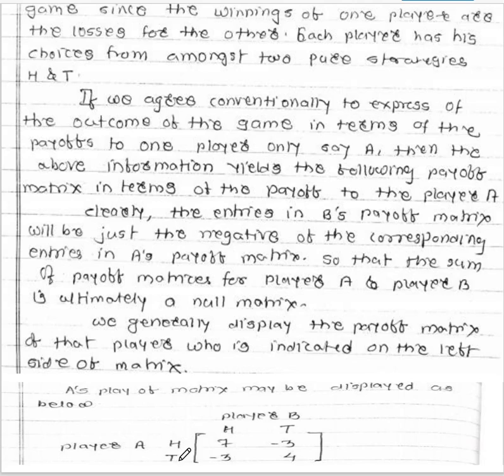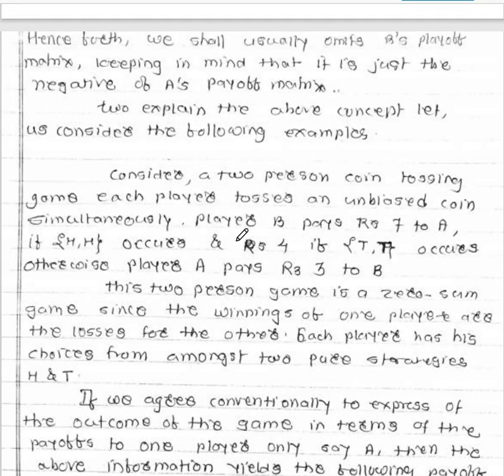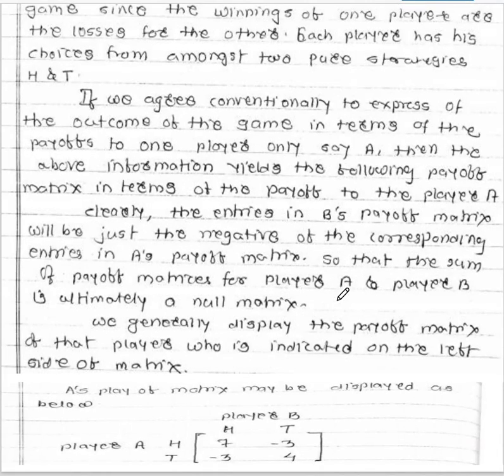Suppose there is a head, then player B pays the rupees 7 to A. So here, with a head, player B pays the rupees to player A. That means player A gains the 7 rupees.